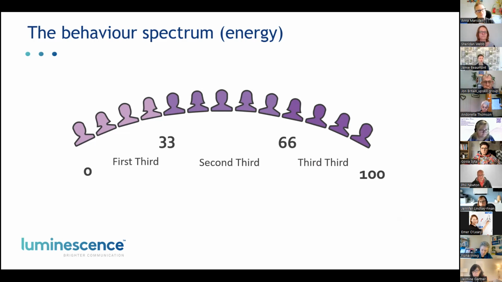But without thinking, when we're under time pressure, our go-to ways of behaving will be measured on this spectrum. And the way that epigenetics talks about energy for each of the behaviors is divvied up into thirds. Again, the third third isn't better than the first third, and the second third isn't not as good as the third. There's no hierarchical structure to this. It's about the amount of energy we have for each of the behaviors.